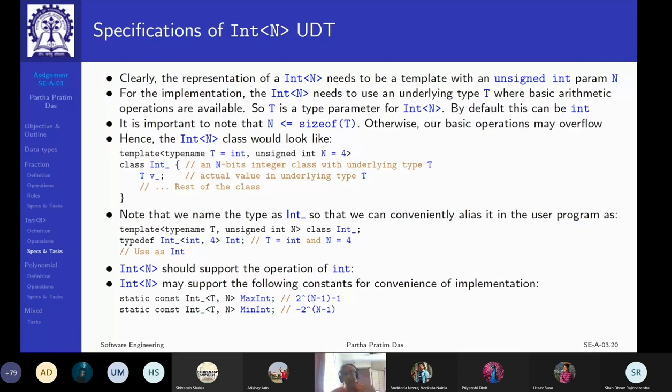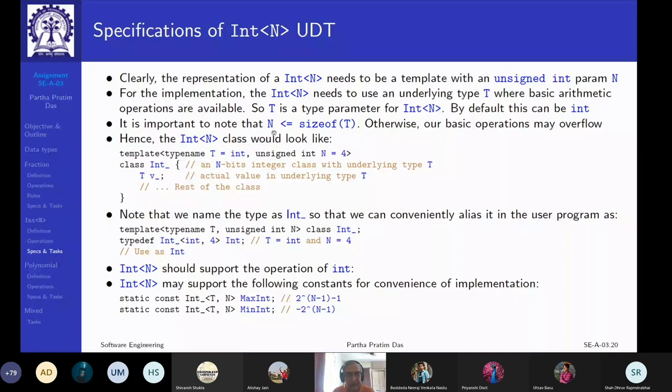So I need to have an underlying type which is long. And then in long, I can define the number of bits to be 36. So in this way, I can go up to the maximum number of bits that are representable in the hardware of the system. Right? So that is my maximum. So it is important to note that n has to be less than or equal to size of T.